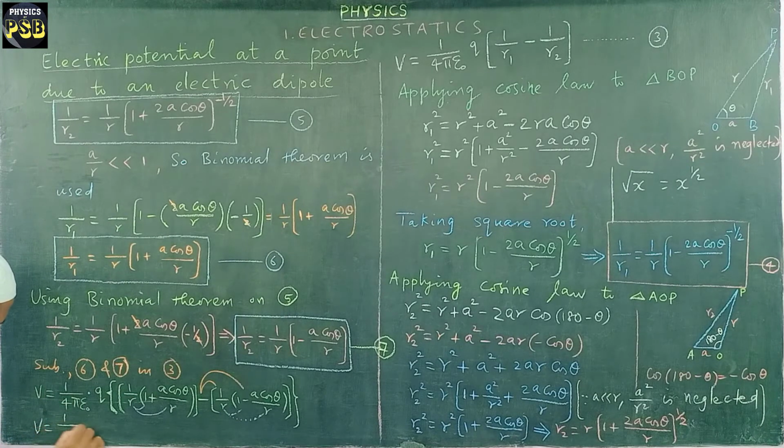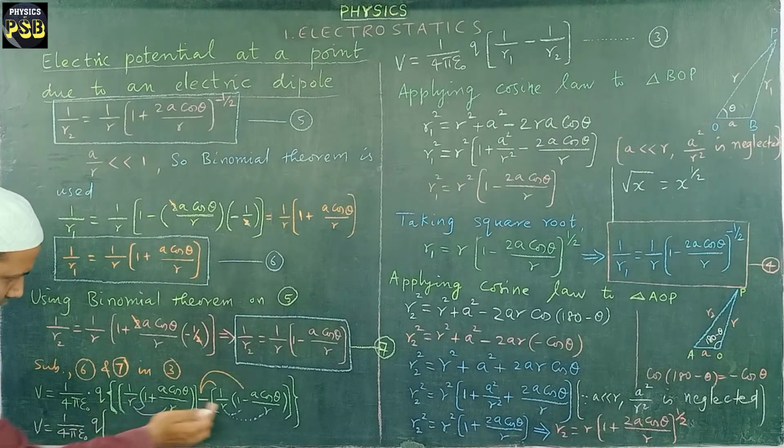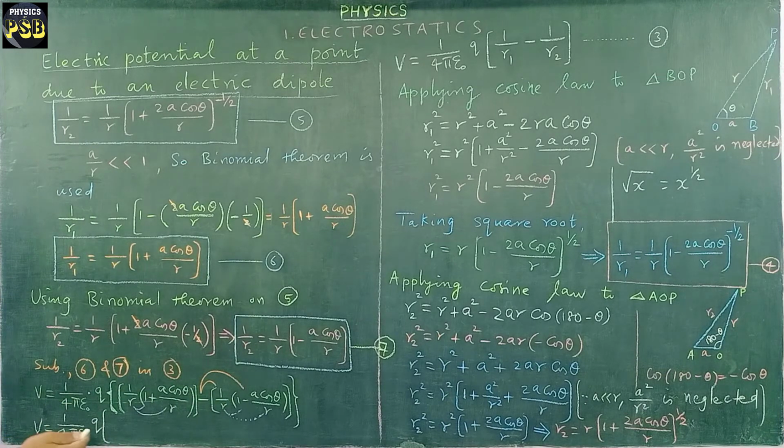Equals 1 upon 4 pi epsilon naught into Q. Now expand this. Instead of expansion, I follow one easy method. I take the common terms outside. What is the common term here? 1 upon R is present in both the things, so it is taken out.